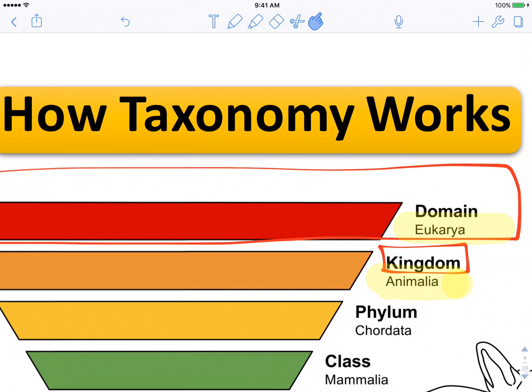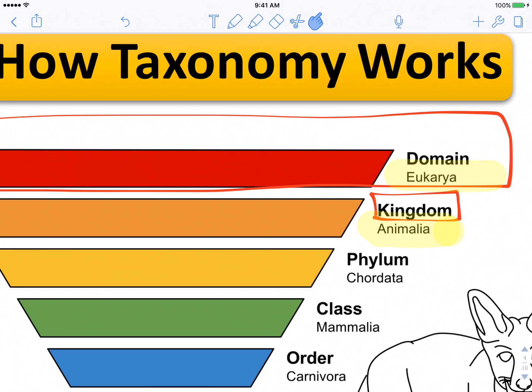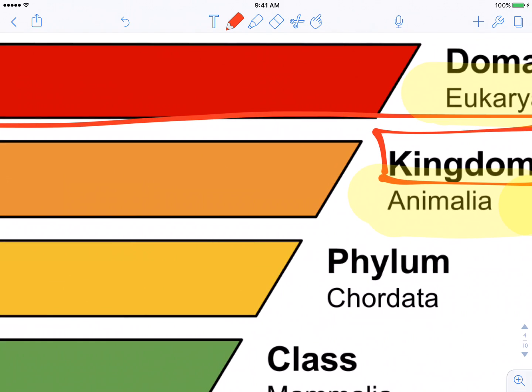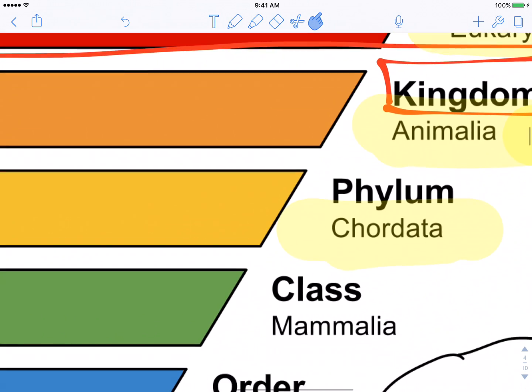Now the kingdom Animalia, or the animal kingdom, has several types of animals. We belong to a group within that kingdom called a phylum, and the name of our phylum is Chordata. That means we have a spinal cord that connects all our nerves to our spine and to our brain, and allows our brain to communicate and move our bodies.